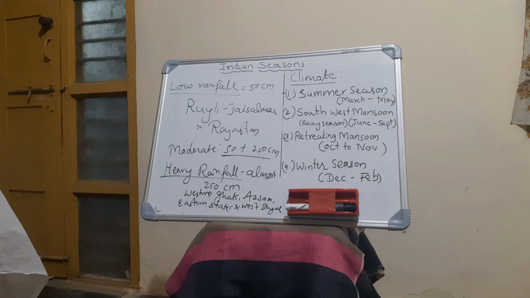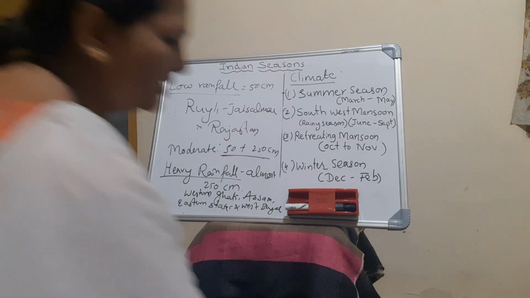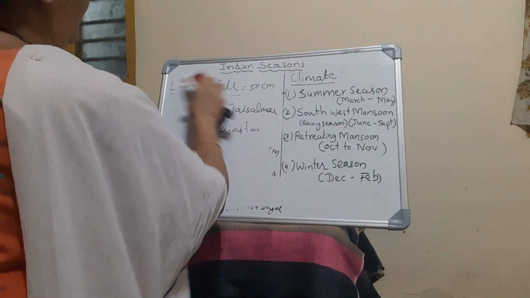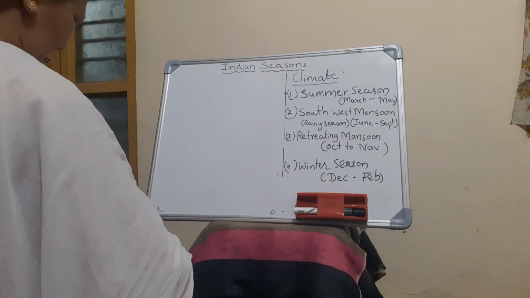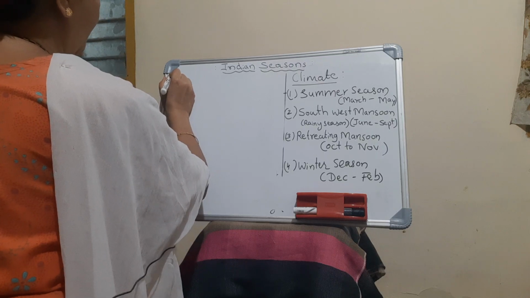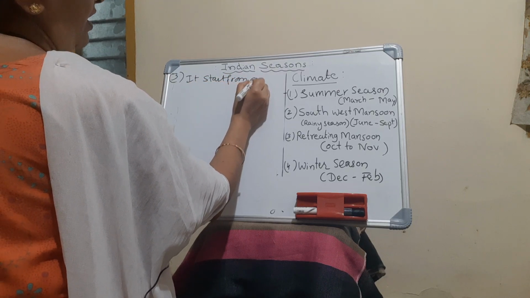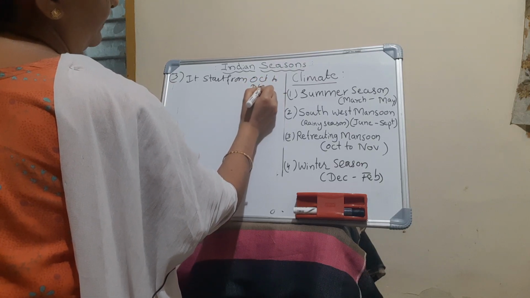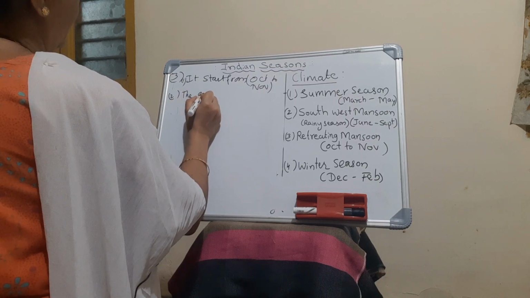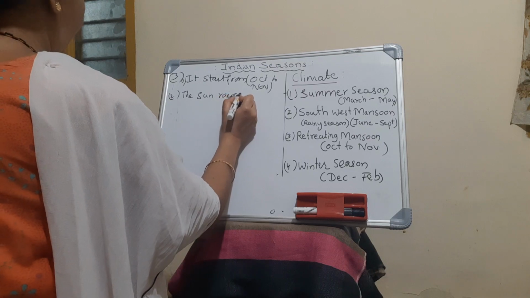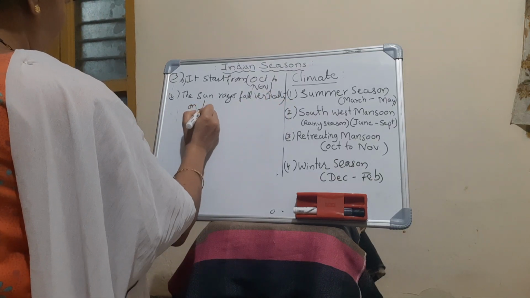Now next one is the retreating monsoon. It starts from October and ends in November. Second one, the sun rays fall vertically on the southern hemisphere.